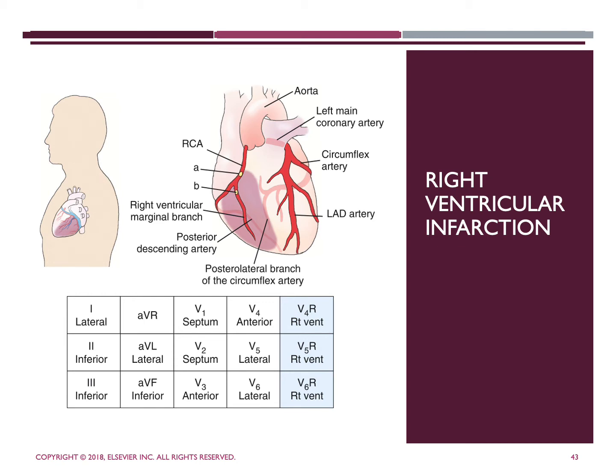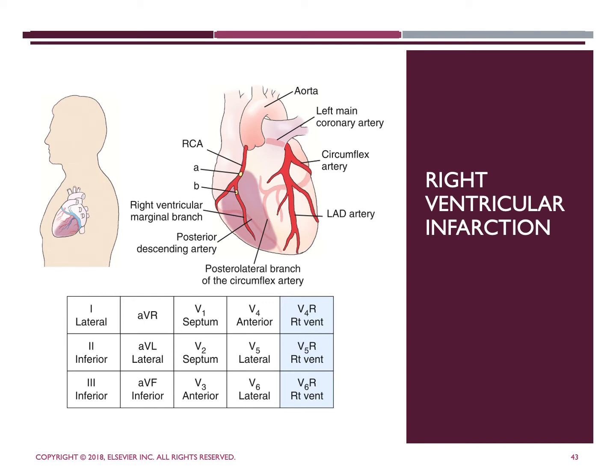Just as a reminder, the LAD artery that you see on here is the left anterior descending, and the RCA stands for right coronary artery. A right ventricular infarction, or RVI, is usually a consequence of RCA, or right coronary artery, occlusion.